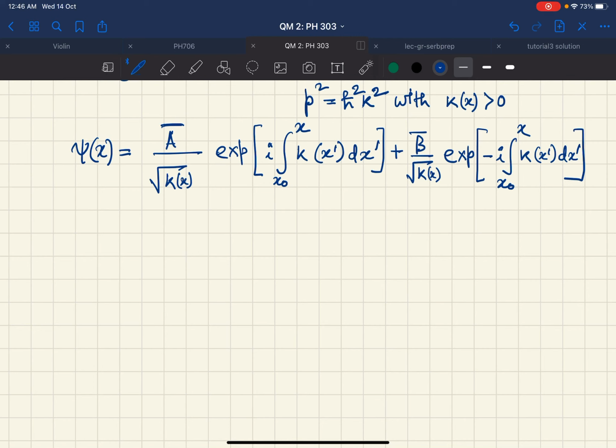So look at this crucially, and you can see that the first wave, which has a coefficient of a bar, moves to the right, and the second wave, which has a coefficient of b bar, moves to the left. How can we actually figure this out? You can figure this out simply by recalling that the energy eigenstate psi of x, which we have written here, is accompanied by the time factor e to the minus iEt by h bar, which is already there in the stationary state solutions.